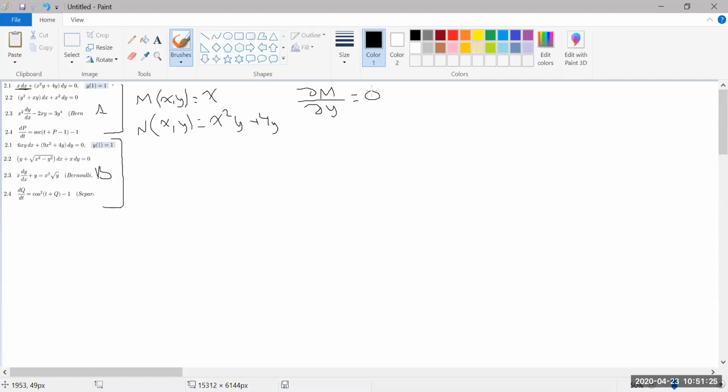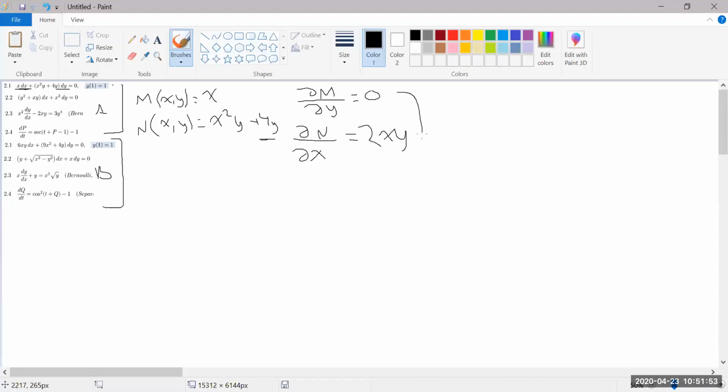So if x is a constant, the first derivative of a constant is 0. So now we're going to take the partial of n with respect to x, because it went with the dy. Okay, and when we do that, we're taking it with respect to x. So we do it like normal, so we get our 2xy, and then this 4y is a constant, so it goes away.